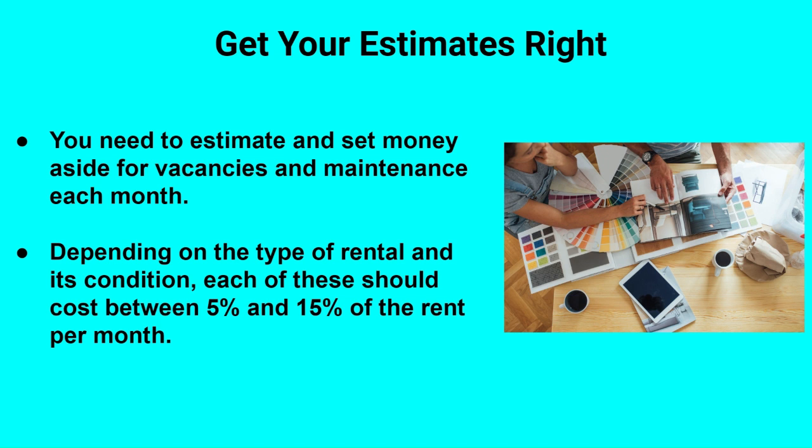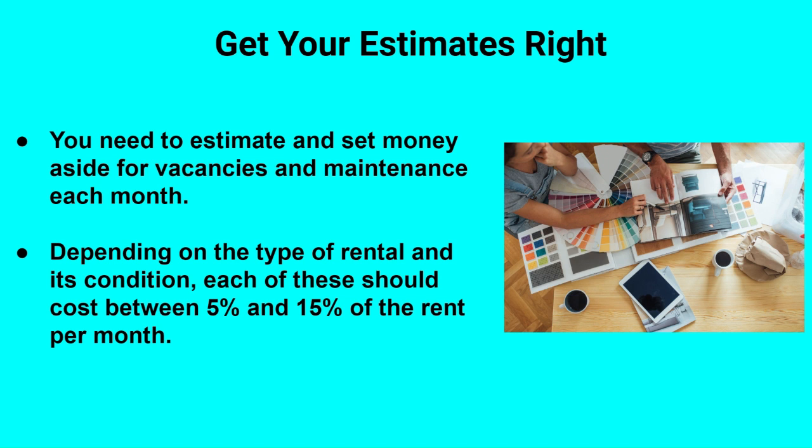Whatever the case, your property will be vacant at some point in time. And for maintenance, things go wrong on rental properties. Even if you have a brand new home that you're renting out, things can and do go wrong from time to time. And just routine maintenance needs to take place to prevent big things from going wrong down the road.